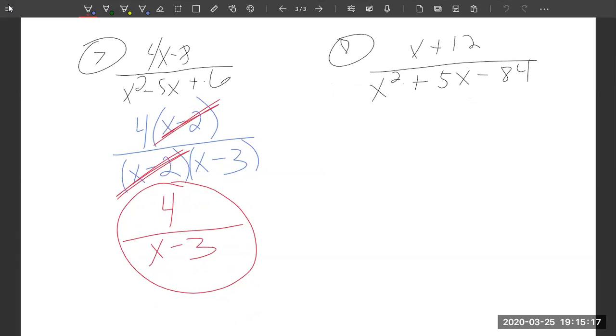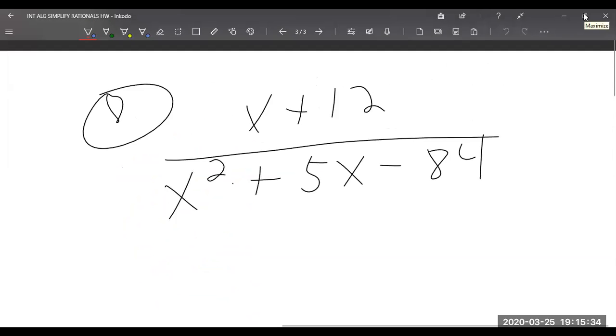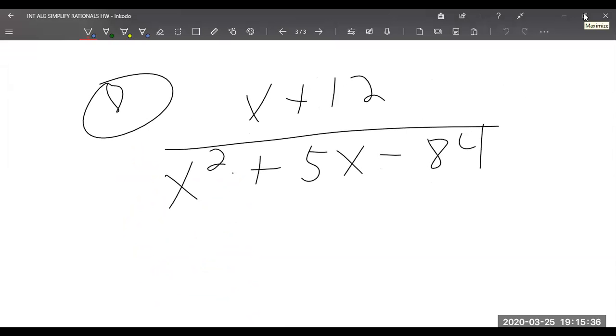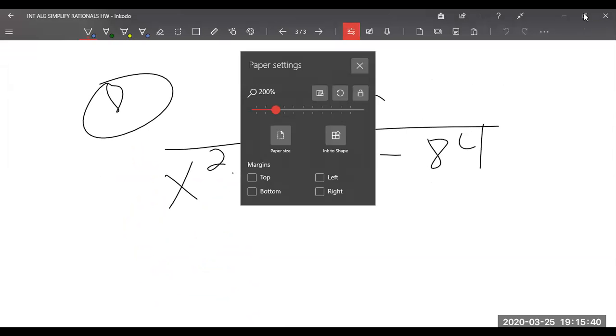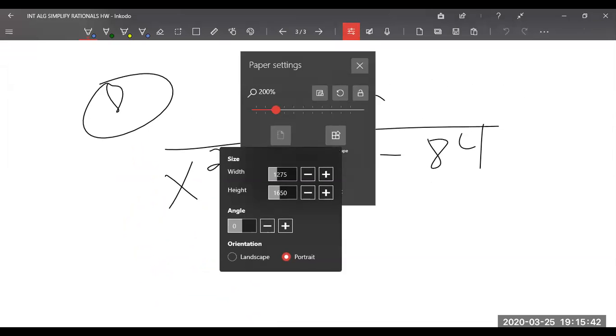Number 8. I don't know what happened with the page. Let me change it. Crazy, crazy, crazy. All right.